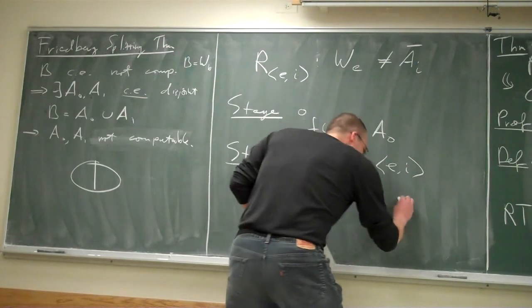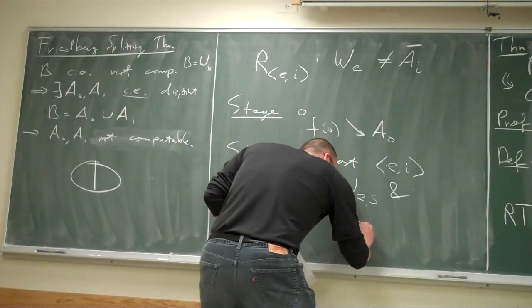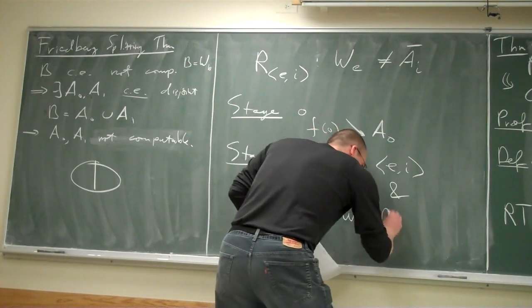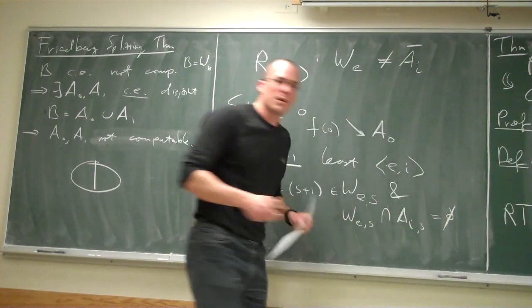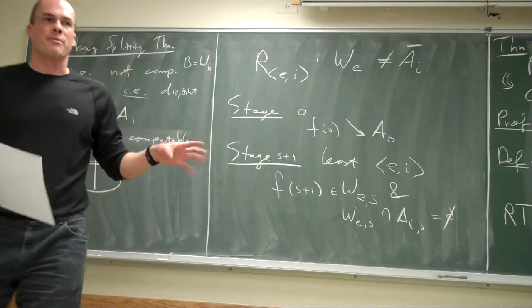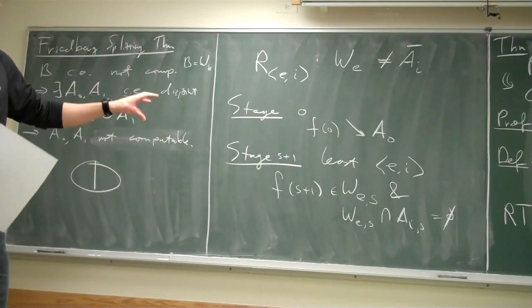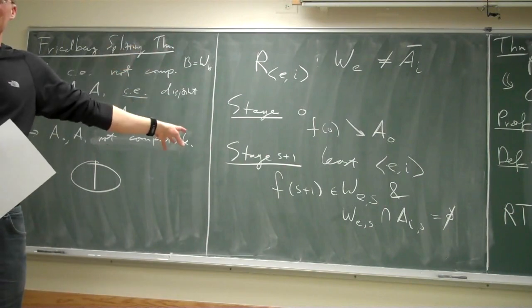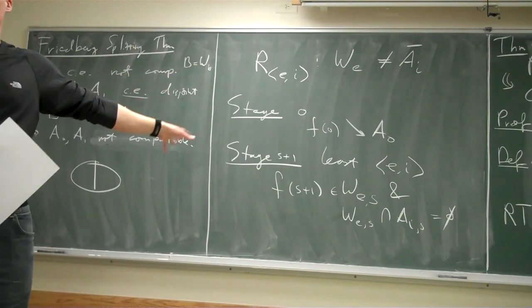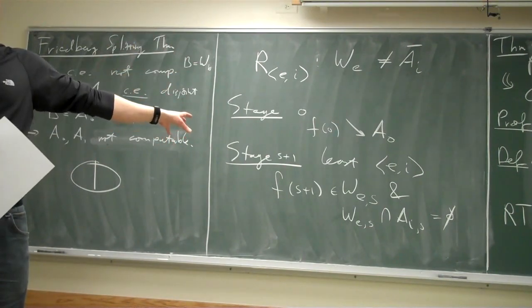If this happens, and it is the case that WES intersect AIS is empty, then, if you look at it, this is exactly asking: does it look like REI is not yet satisfied with everything we can compute up to this point?